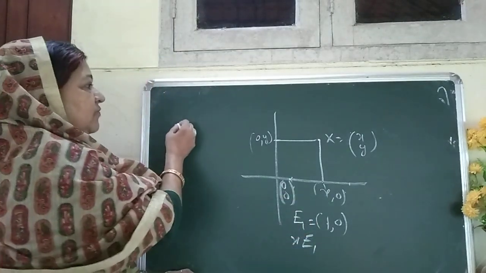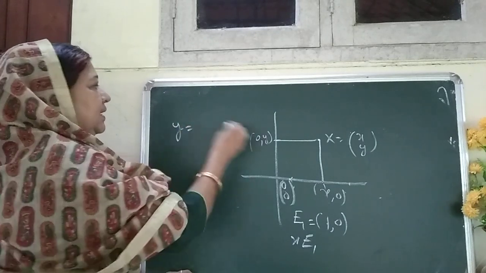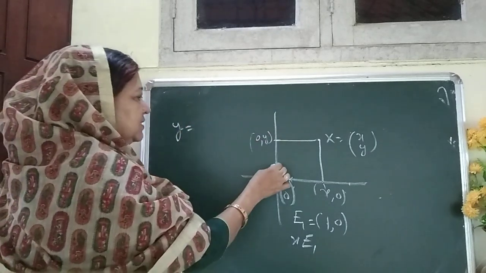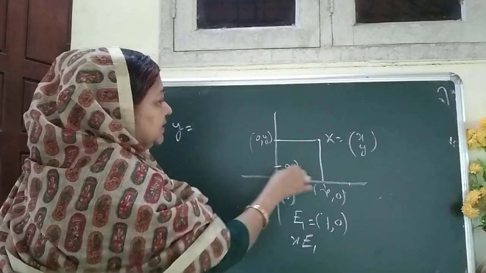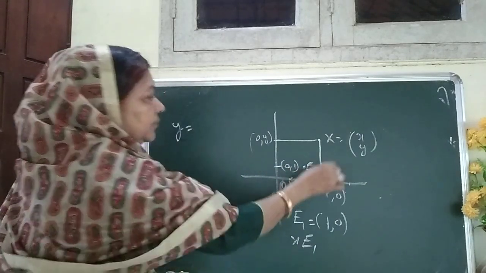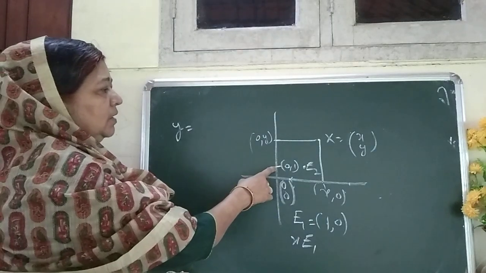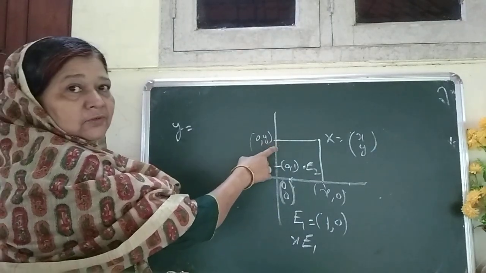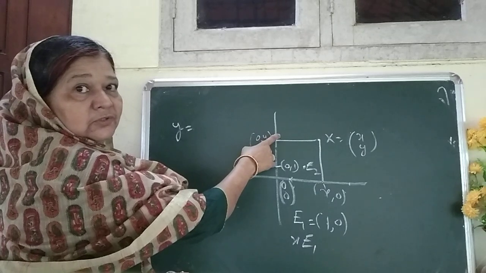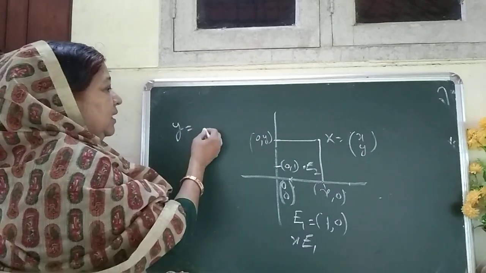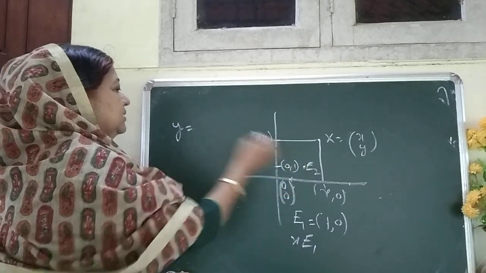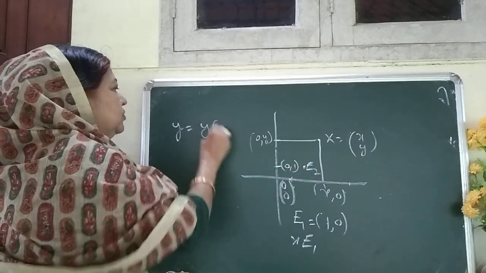Similarly, this y can be represented as, here we can take a unit vector, that is 0, 1, that is E2. Then y into 0, 1. Therefore, y equal to y into E2.